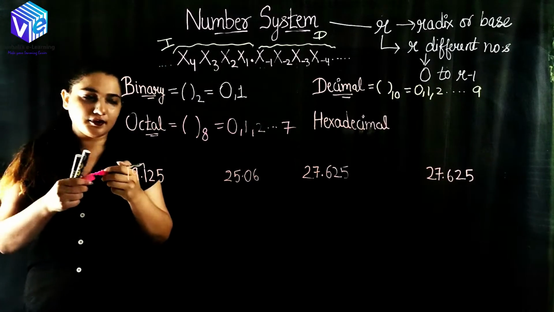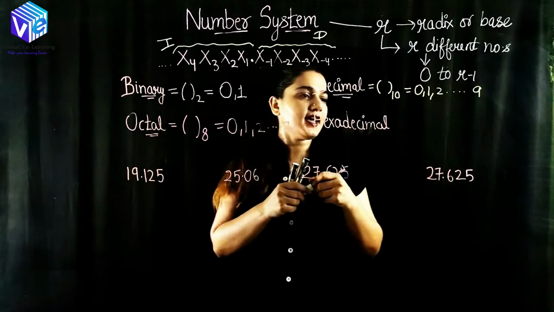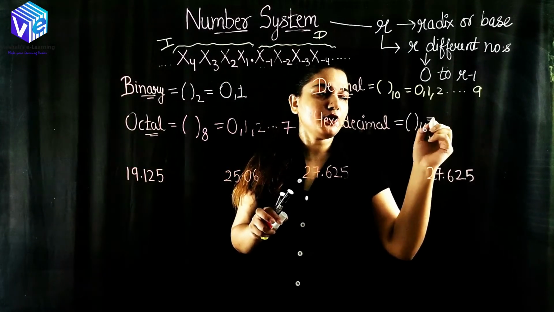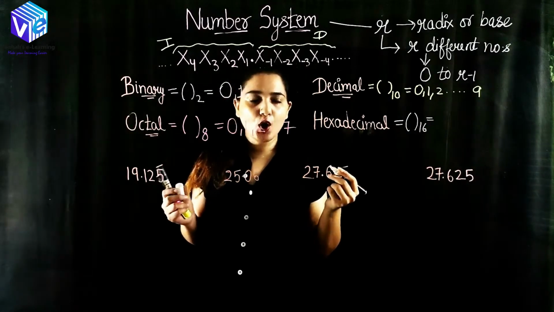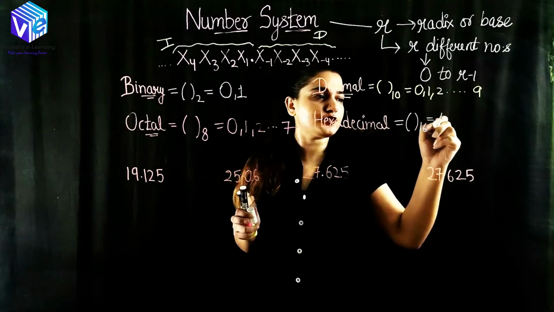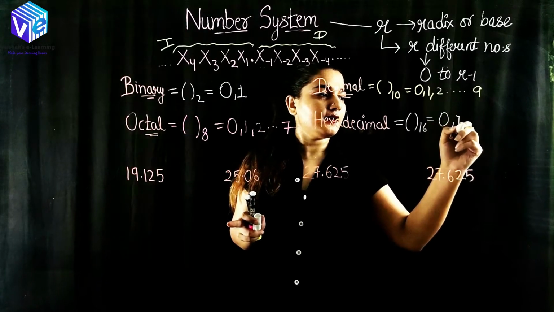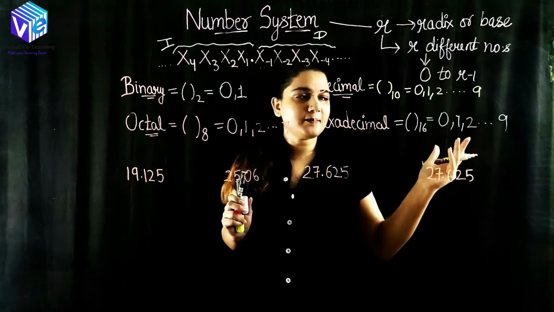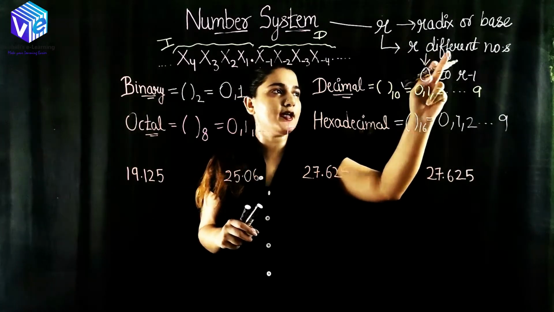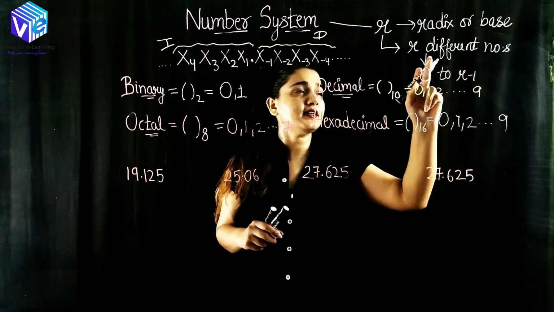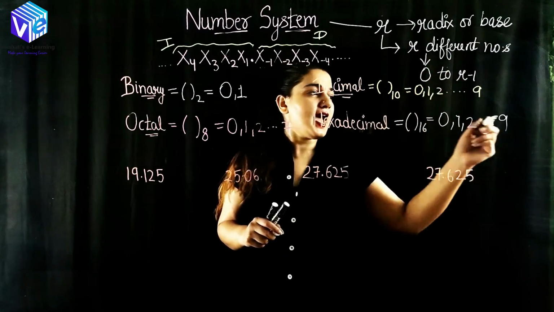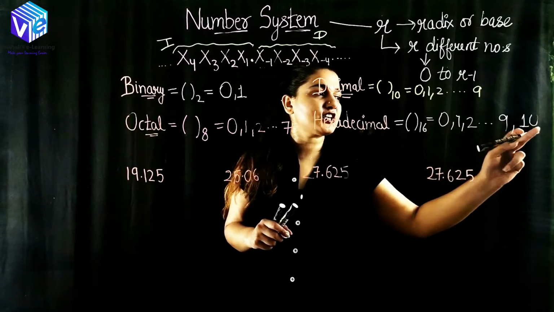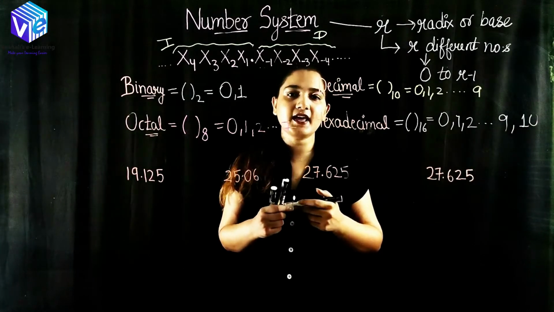Now hexadecimal. In hexadecimal, I have base 16, so I will move from 0 up to 15. So 0, 1, 2 up till 9, I can represent my numbers, but I gave you one condition, that I have to represent with R different numbers. If I represent after 9, 10, it is just the representation of 1 and 0.